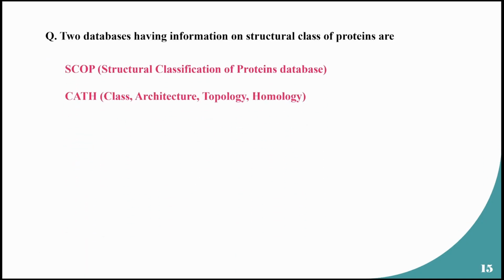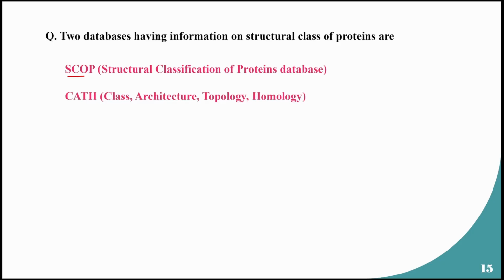Alongside that, since we're talking about structures, for classification of proteins based on secondary structures, Professor Promiha mentioned two particular databases. One is SCOP, the Structural Classification of Protein database. Another one is CAT, Class Architecture Topology Homology. These divide the different protein structures based on the dominant secondary structures present there.